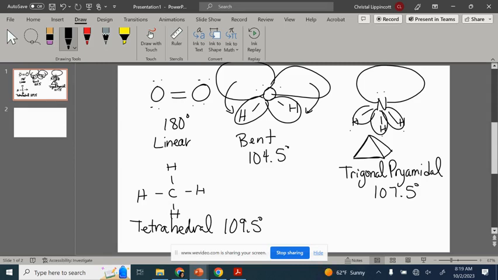So if you get some weird thing going on. Yes, Maddie. Number 15. Multiple choice. Nope.